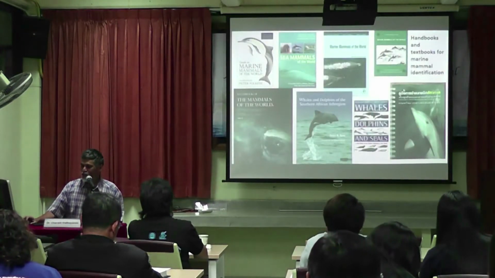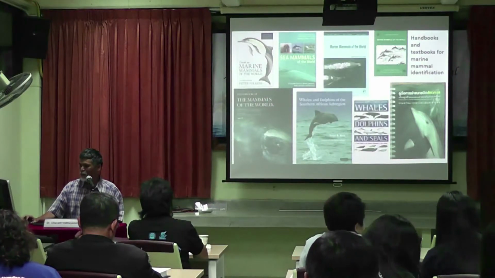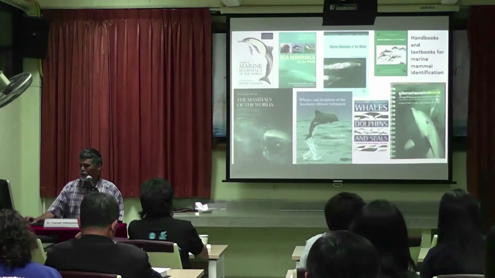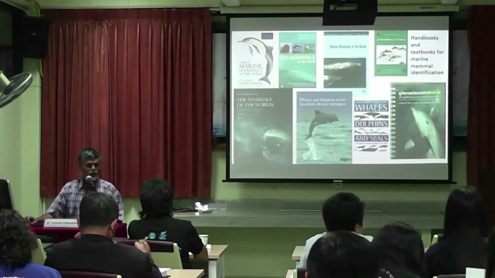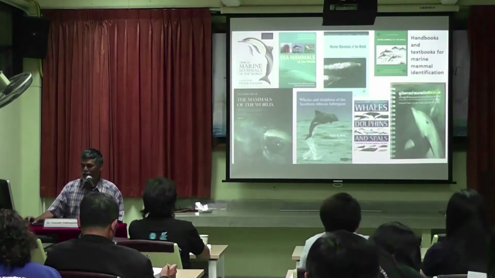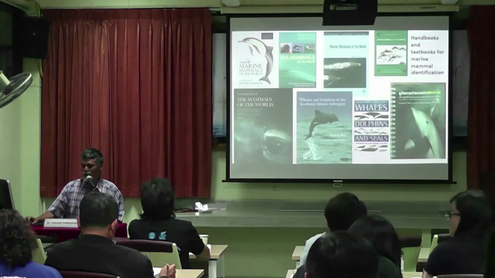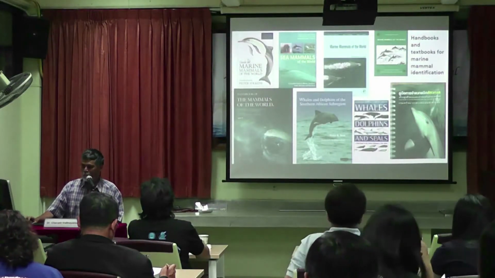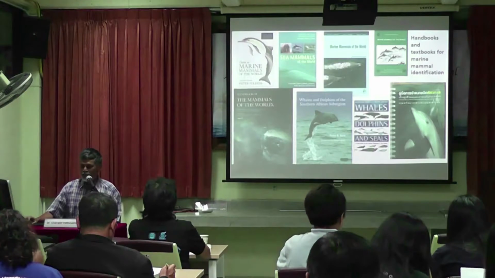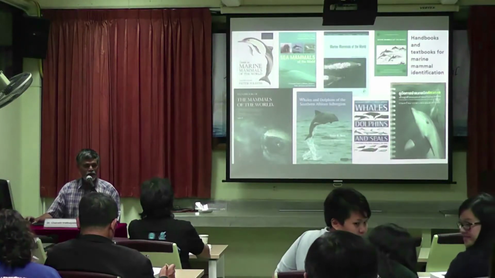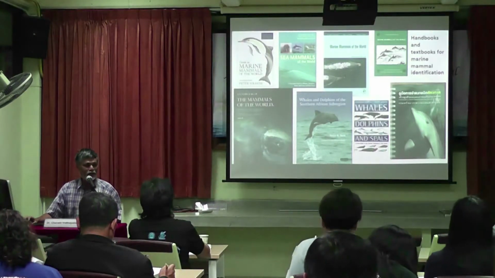We have many guidebooks, texts, and publications about marine mammal identification. Some are very common in the market, like this one, and also the Hammond or some handbooks published in the USA, UK, Europe, and Japan.